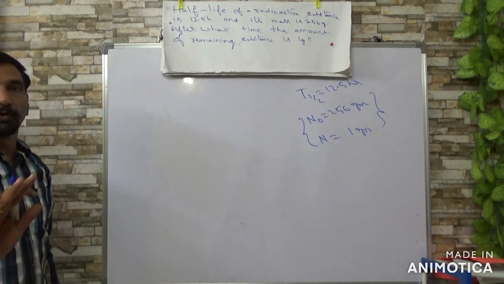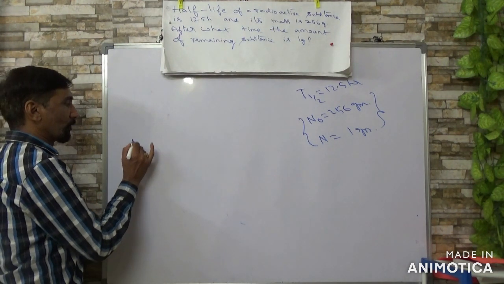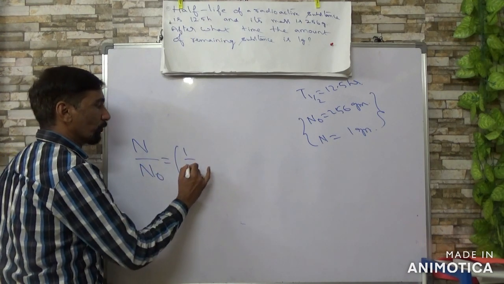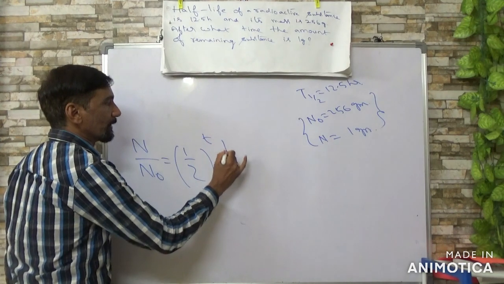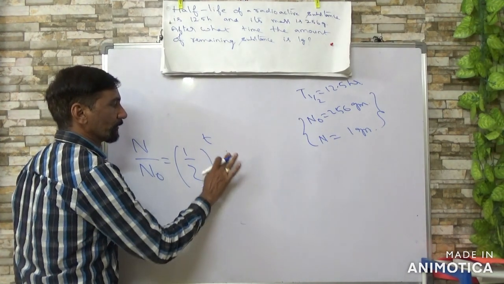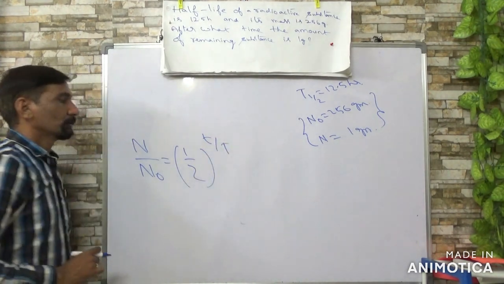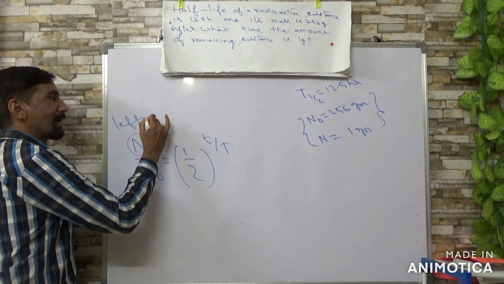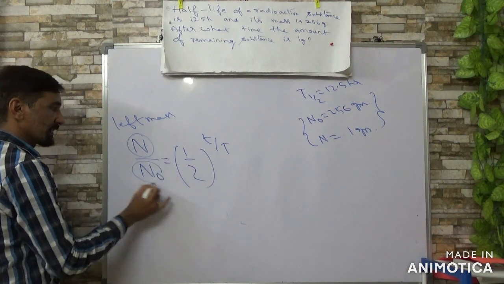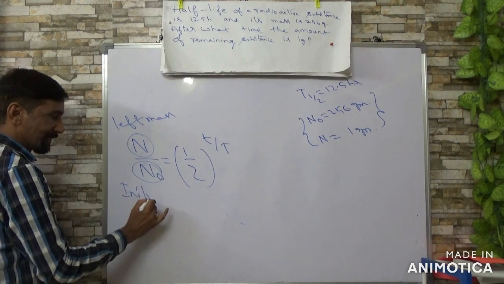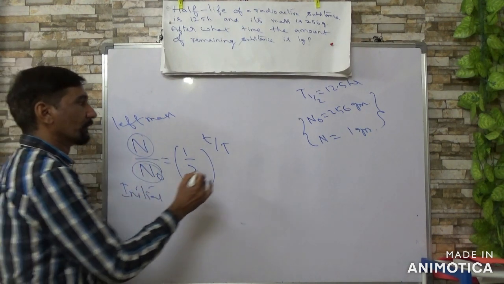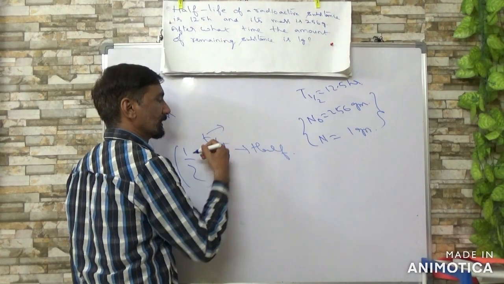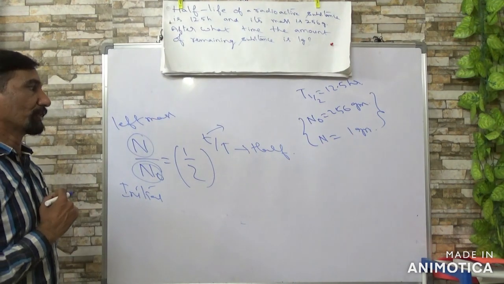In this type of problem, N by N0 is equal to 1 by 2 power t by T, where N always denotes the left mass, N0 is the initial mass, T is the half-life, and t is the allotted time.